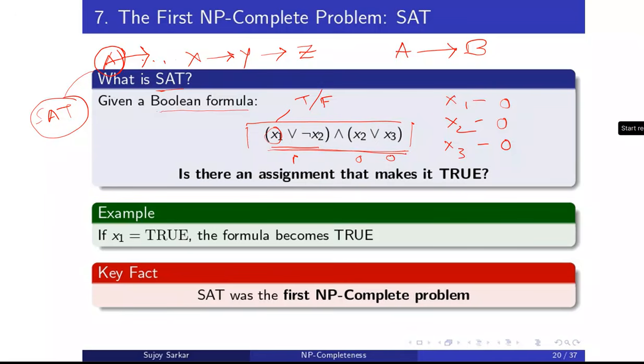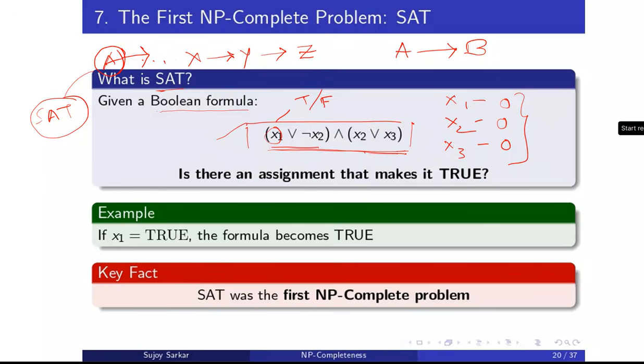So the total formula will be evaluated to 0 only. The question we are asking, is there an assignment of the Boolean values that will make this formula true? Okay, so the output is we have to give the assignment, and for the decision problem we have to say yes or no. Is this formula satisfiable or not satisfiable?